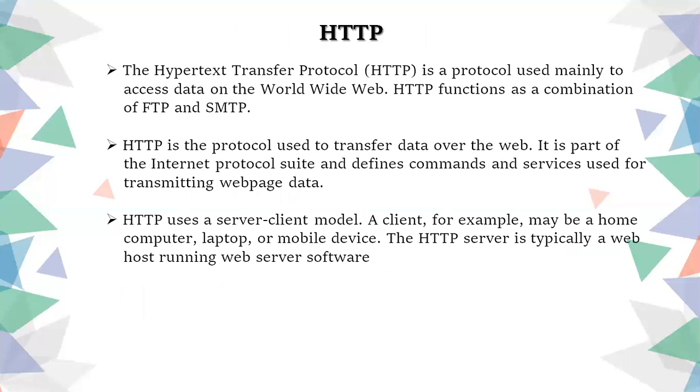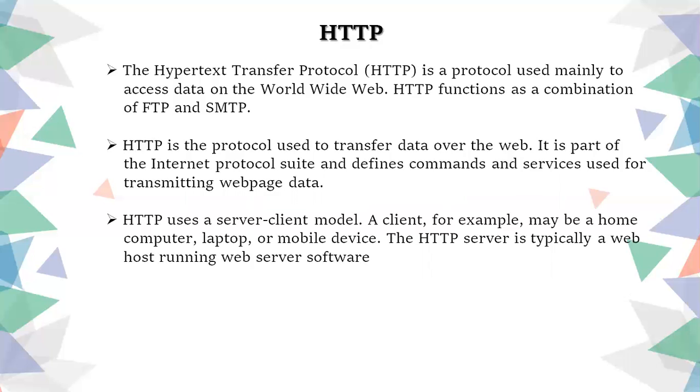hypertext transfer protocol. As the name itself says, it transfers data over the World Wide Web, and it is also a server-client model. It sends web-related information to the web server. It uses a connection method like TCP. A connection establishment needs to happen with the help of TCP, the transport layer.